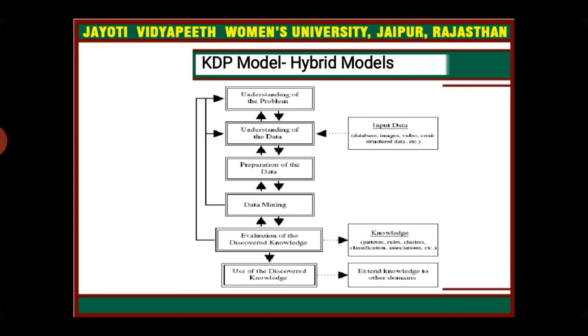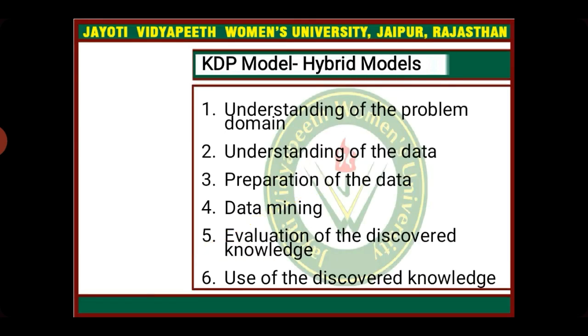Now we can see the figure. This is a 6-step KDP process model. Now the first step is understanding of the problem domain. This is a very important step.